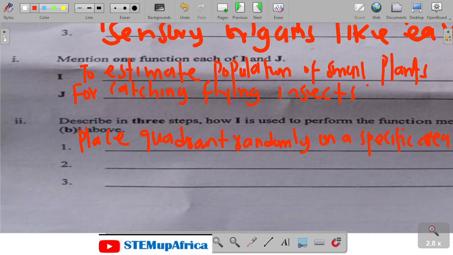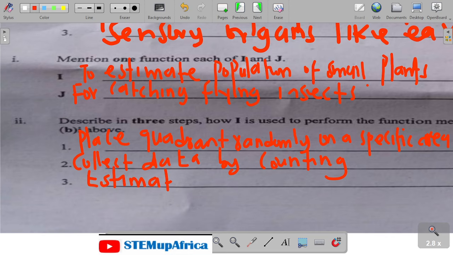Then 2, collect data by counting. Then 3, estimate the total population, by using a mathematical formula, which is total study area over quadrant area times the average number per quadrant. That is the formula of estimating the total population.